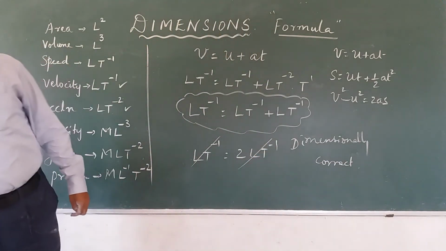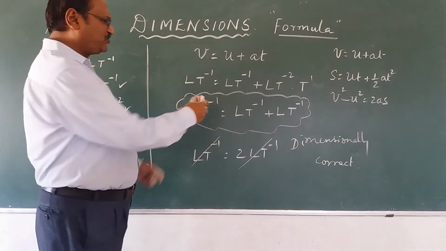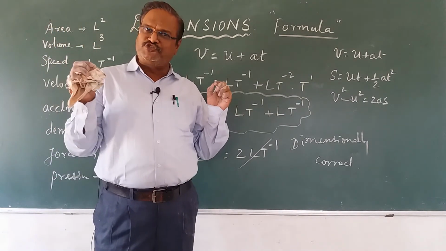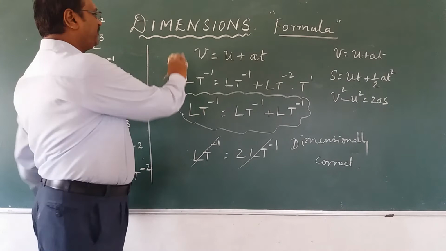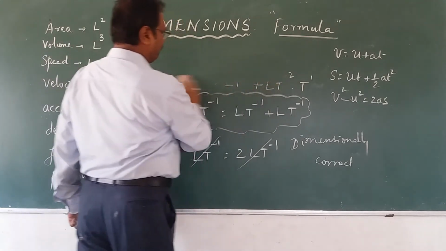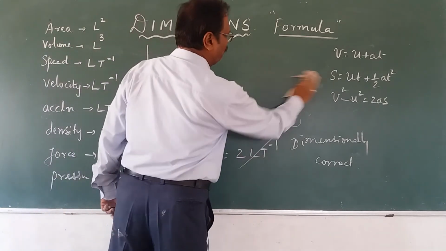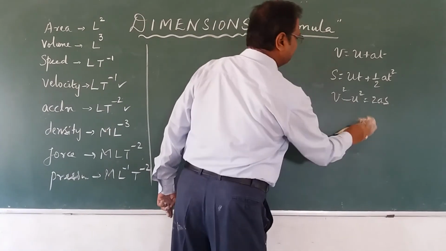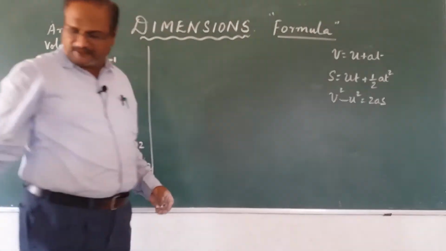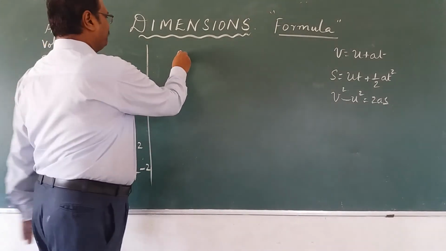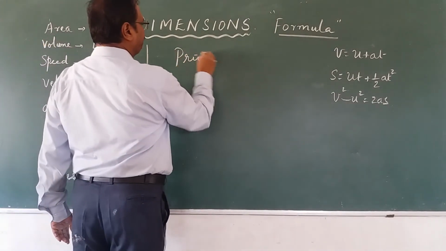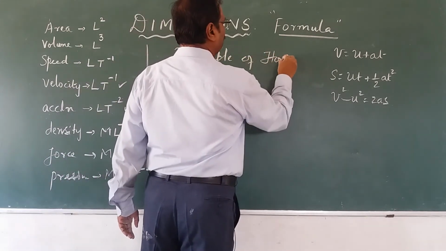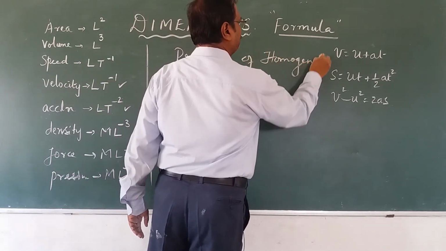Now, on what concept are we saying like this? There is a rule called the principle of homogeneity, right? Don't worry about plus and all, leave it as it is. Okay, now what does the principle of homogeneity say?